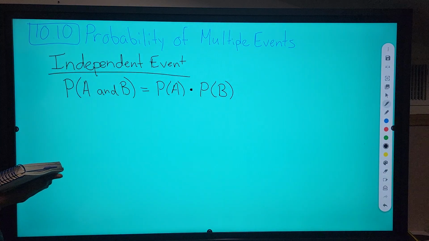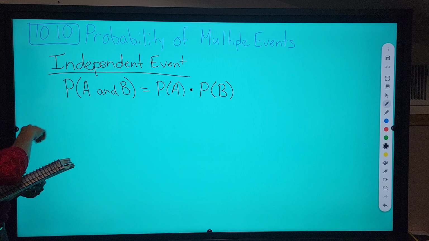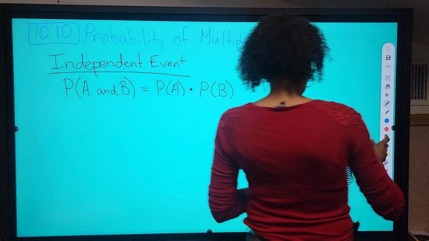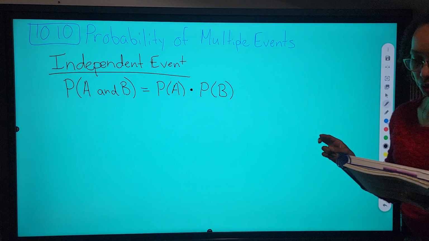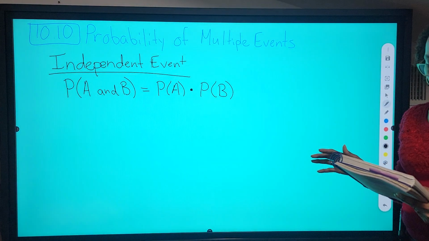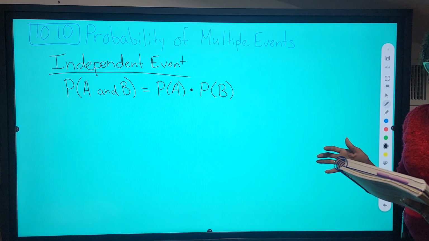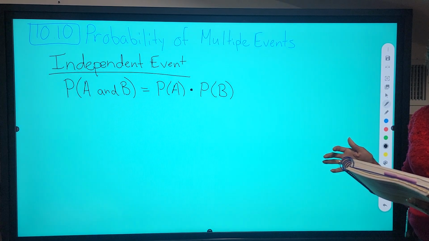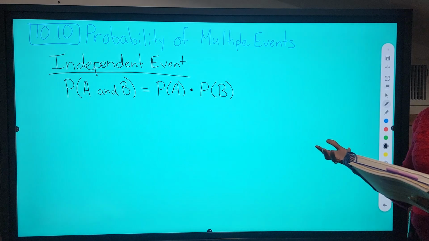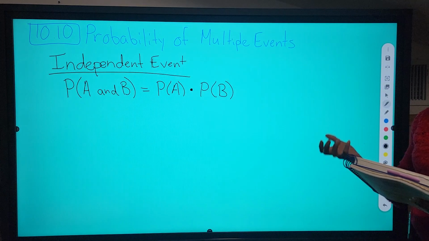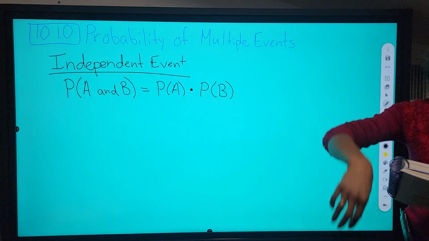So let's say we had the marbles situation, right? Where you've got blue marbles, you've got red marbles. I think it says, with 3 red marbles, 2 blue marbles, composing a jar of 5 marbles. If we wanted to find the probability of the red marble and the blue marble if we put the marble back in.